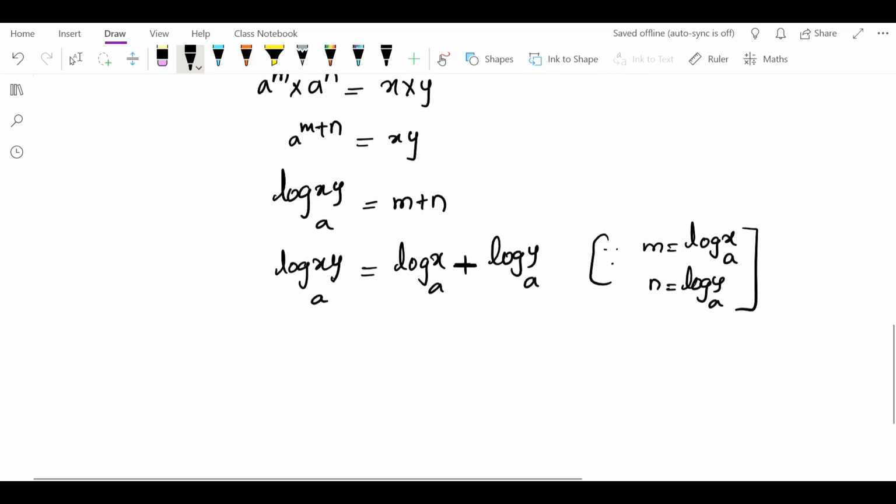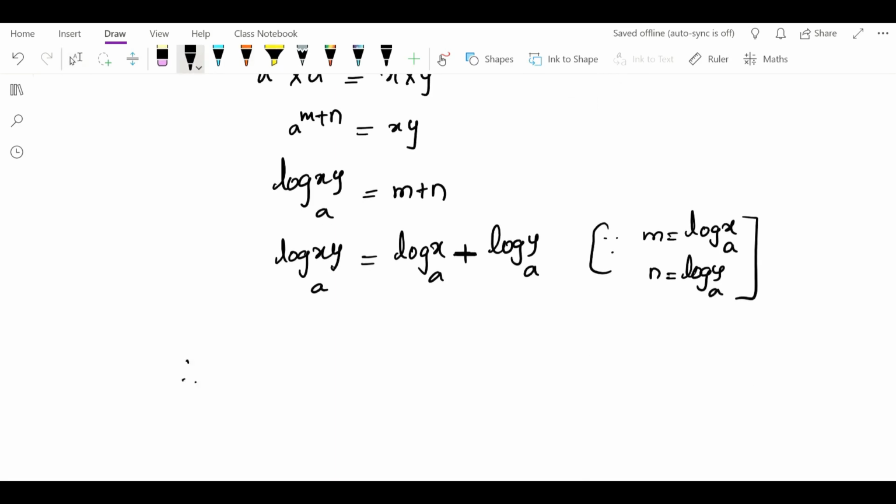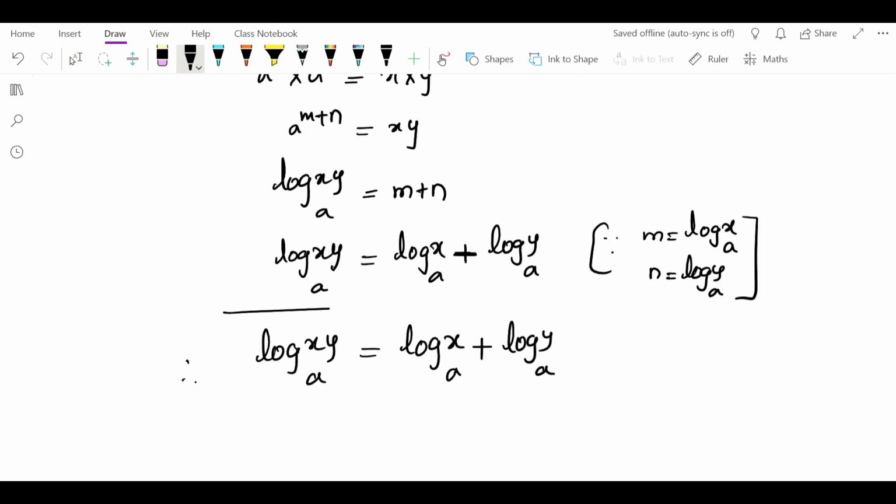This is the proof of the third property. Therefore, log xy base a is equal to log x base a plus log y base a.